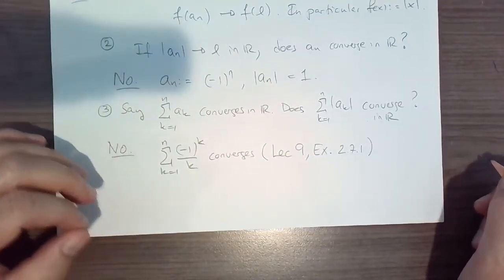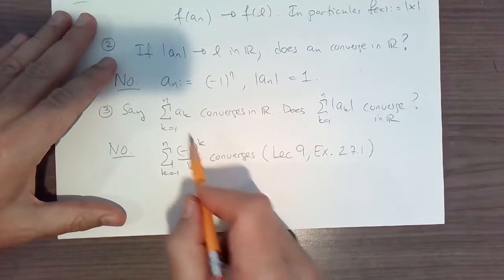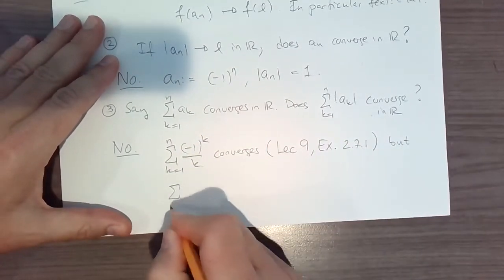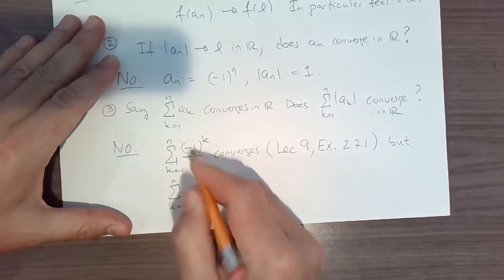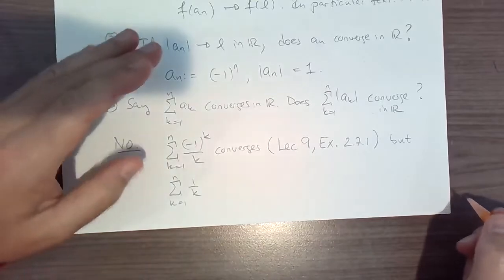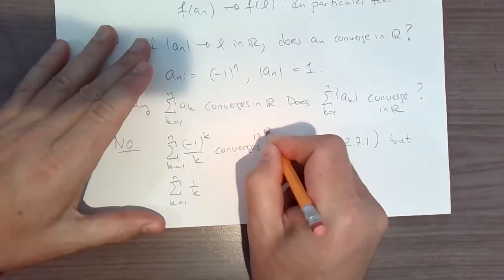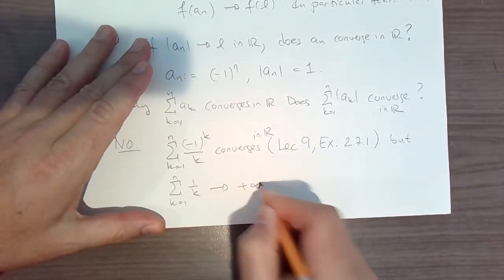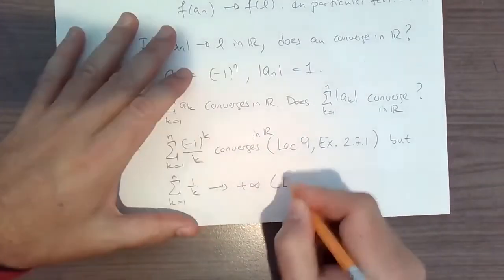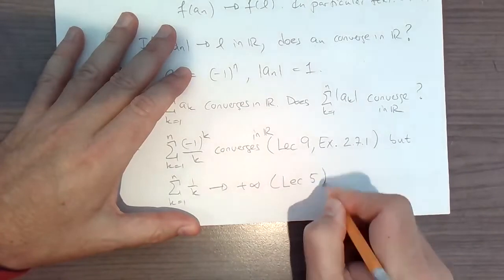This object here converges, but if I take the absolute value, this does not converge in R. This thing here converges to plus infinity. And this is something we talked about early on, in lecture 5.